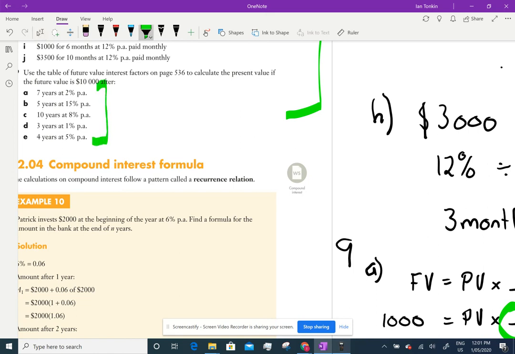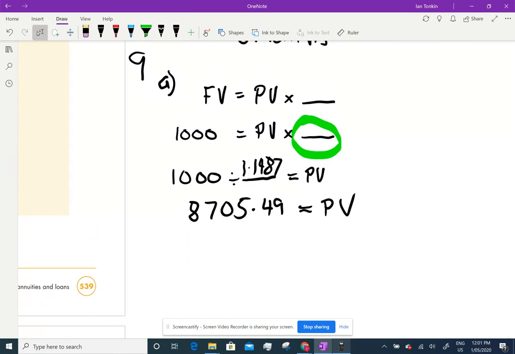You just have to find the interest rate and divide $10,000 by that number. Can you please write it out like this, 1.1487, and then just divide it. All right, good luck with those.